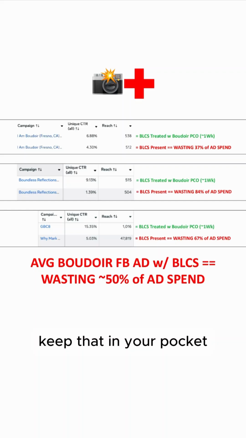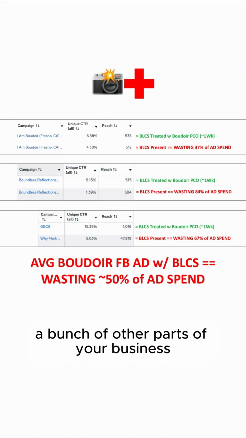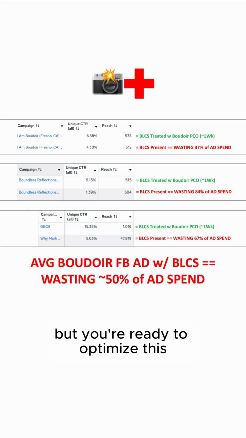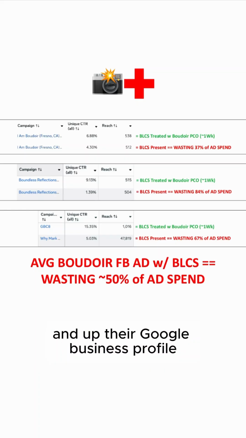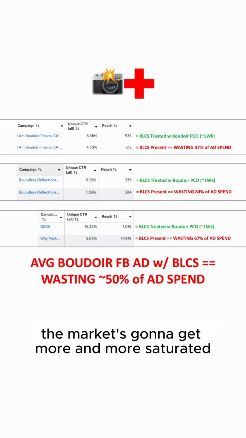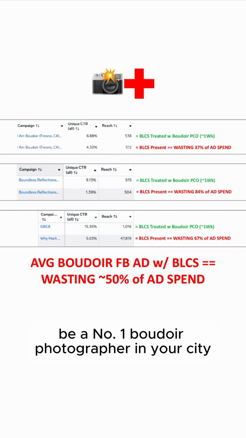Keep that in your pocket. And you want to pull it out of your Facebook ad spend because you've already optimized a bunch of other parts of your business. But you're ready to optimize this because you see more inflation, more women entering as boudoir photographers, setting up their Google business profiles. So the market's going to get more and more saturated. And you want to be on your way to be the number one boudoir photographer in your city.